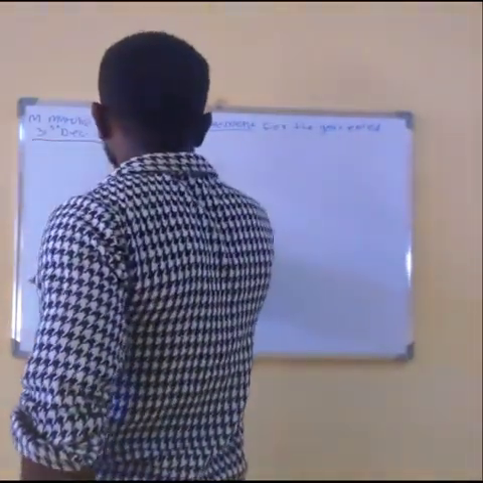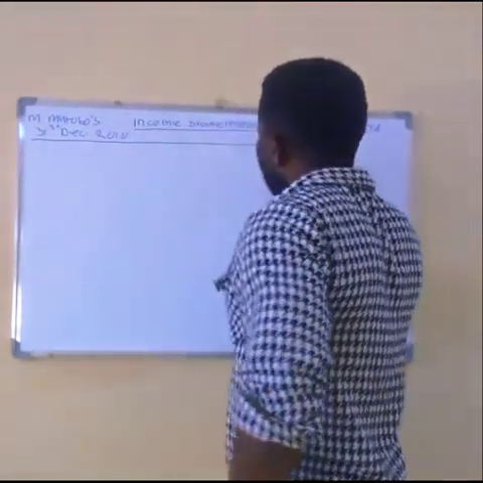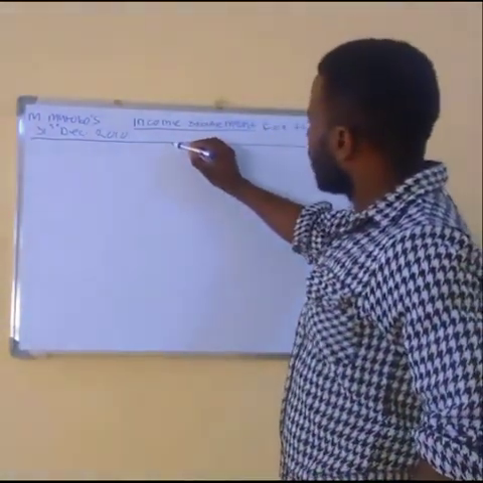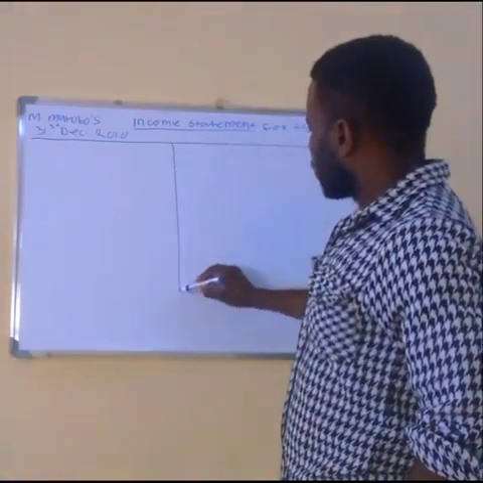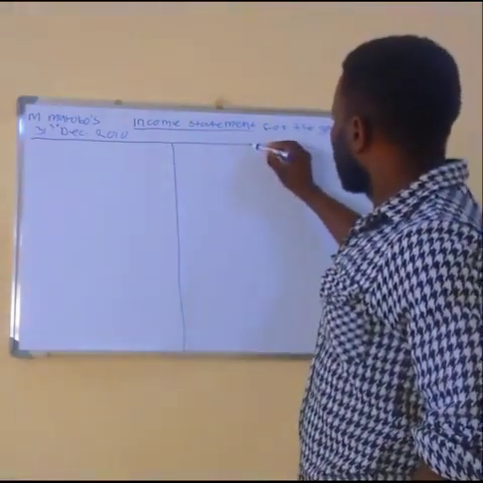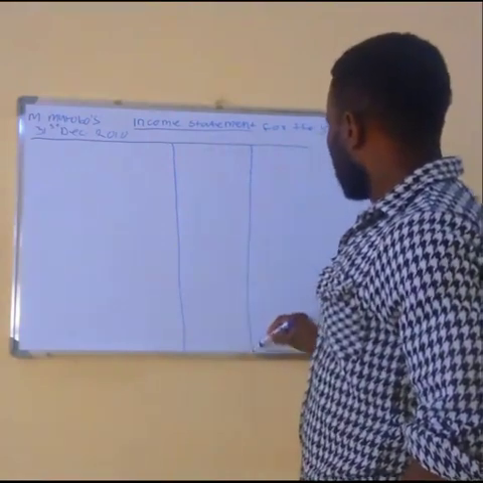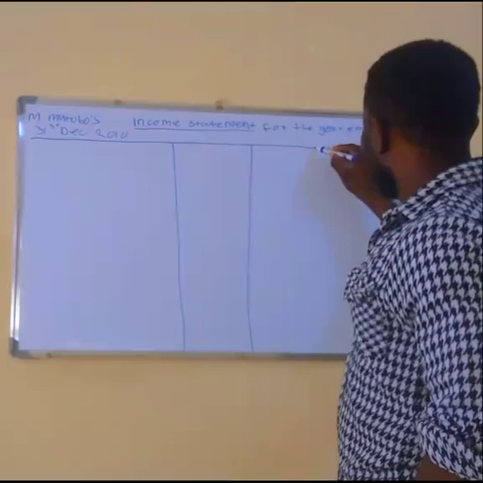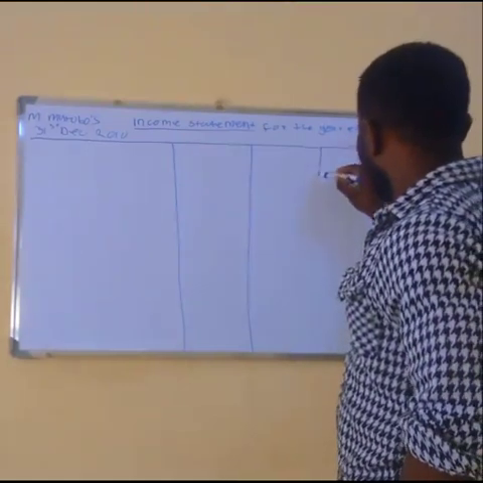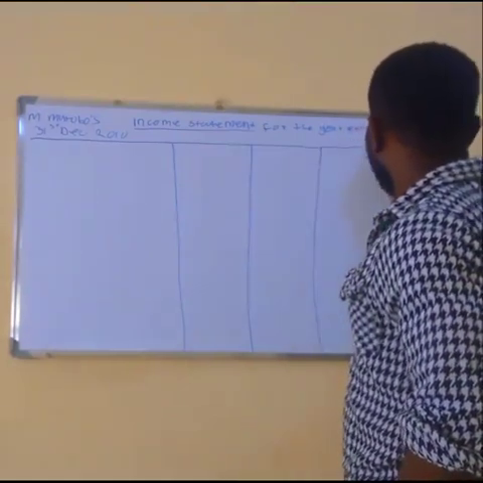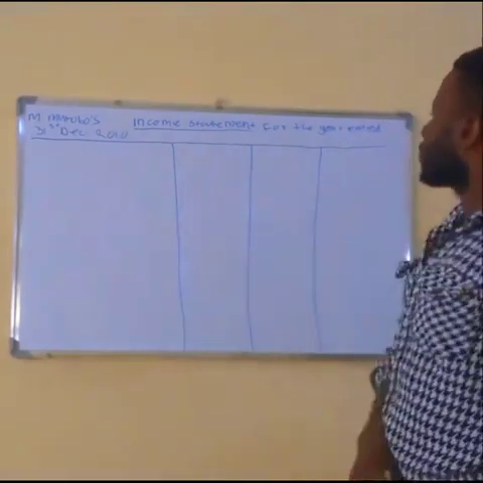It will be a simple table, which will have 3 columns. We have the first column, the second column, the third column, and the final column.